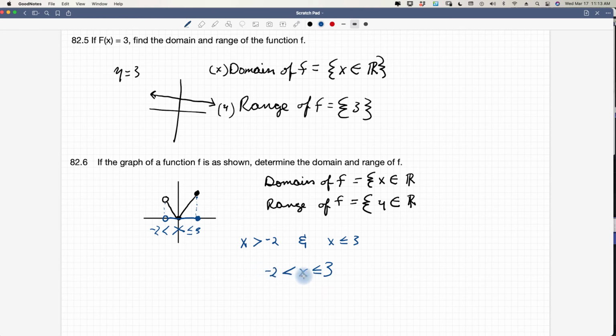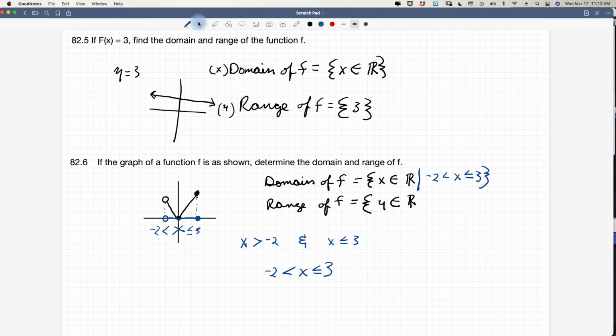So for x, the domain of f equals x is a member of the set of all real numbers such that, that's a new term for us, so remember that, that's that straight up and down line that we've been trying to use as an absolute value symbol, but it's not. It's such that -2 is less than x, and x is less than or equal to 3. And that is our domain of f. Okay?